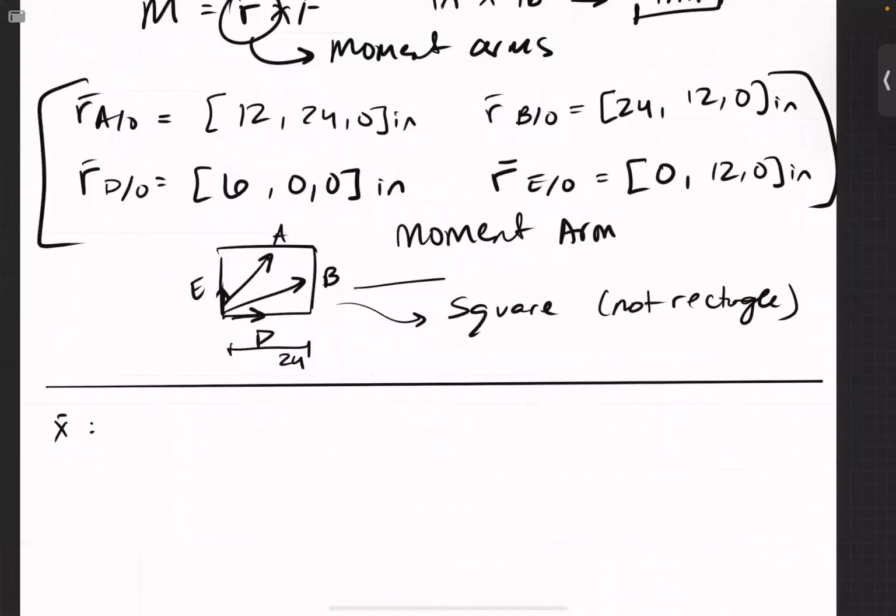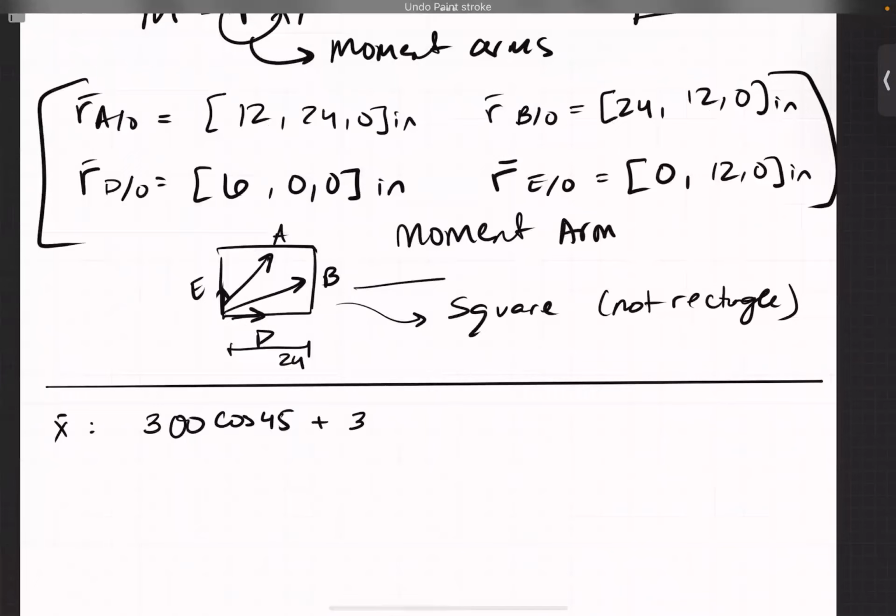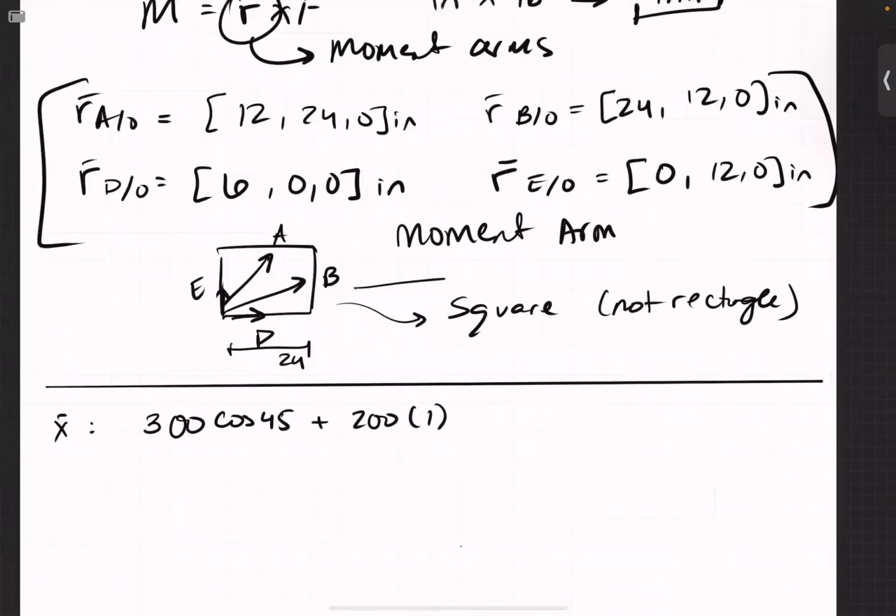So for the x, the R of x, so 300 cosine 45 plus 200 times 1 plus 250 times a negative cosine of 30 and plus 0.